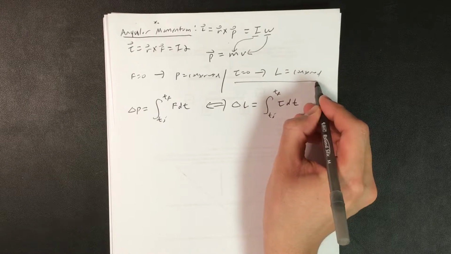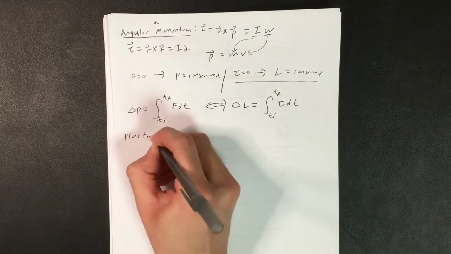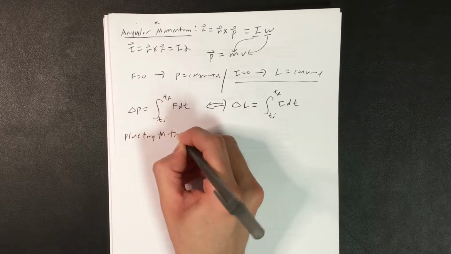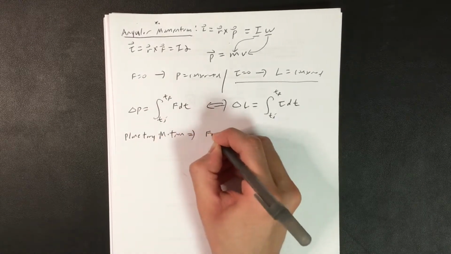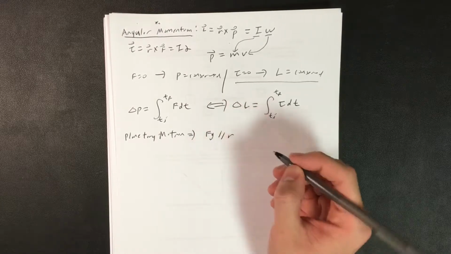Now, this conservation of angular momentum is really useful in planetary motion, because in planetary motion, the major force is the force of gravity, and this force of gravity is parallel with r.